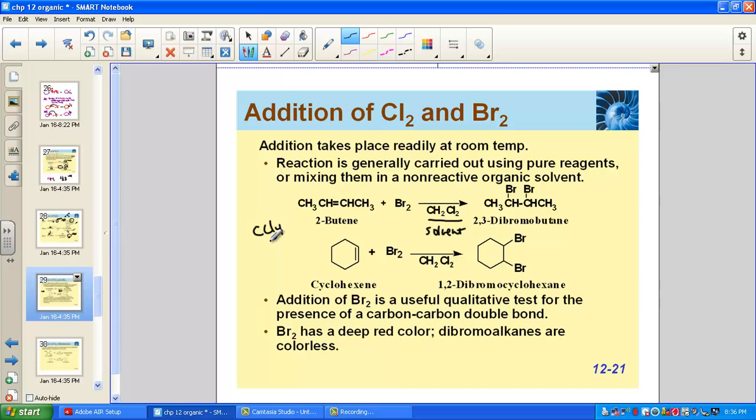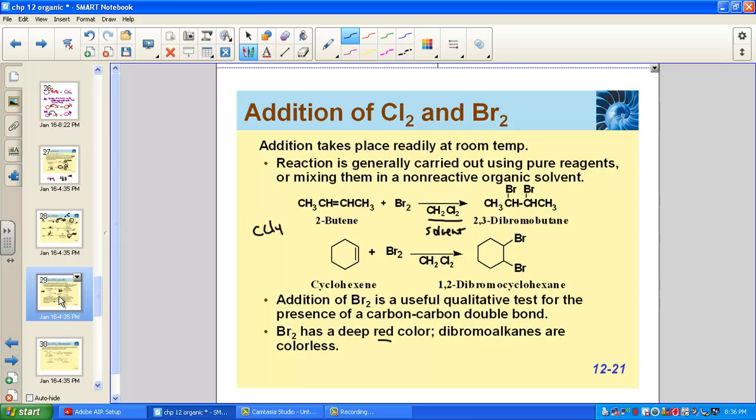In contrast, dibromoalkanes end up being colorless. So a single addition gives us a red color, but double bromine gives us colorless. So it's just a nice qualitative test to see what kind of alkene is present. The addition of bromine is again just color-based for qualitative analysis, identifying the unknowns.